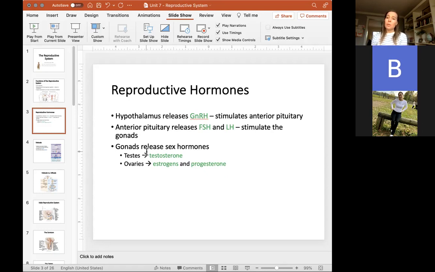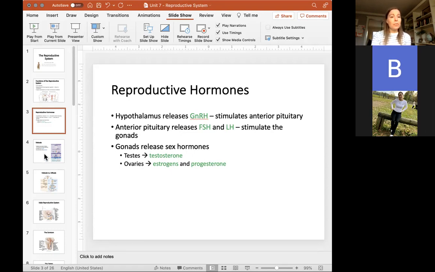These are the only hormones that are actually different based on whether you're male or female. If you're a male and you have testes, then they will secrete testosterone. If you're a female and have ovaries, that will stimulate the release of estrogens and progesterone. But before you get to that last release of hormones, the initial hormones are exactly the same in both males and females.